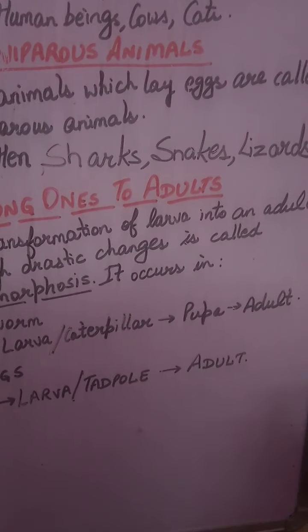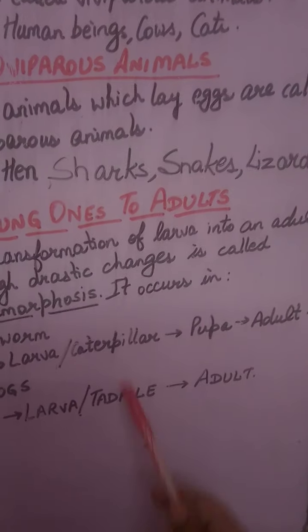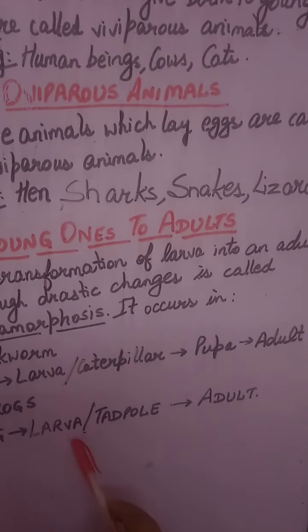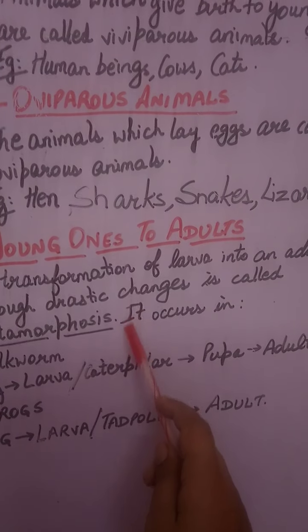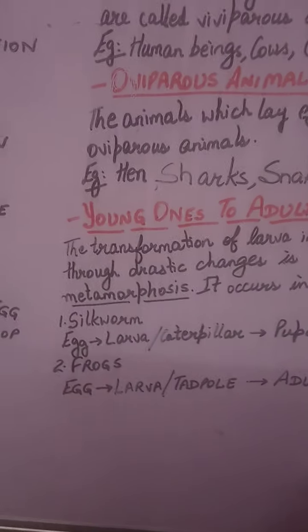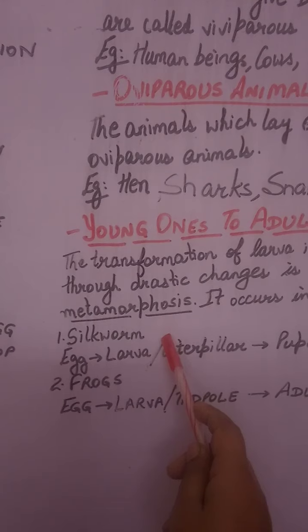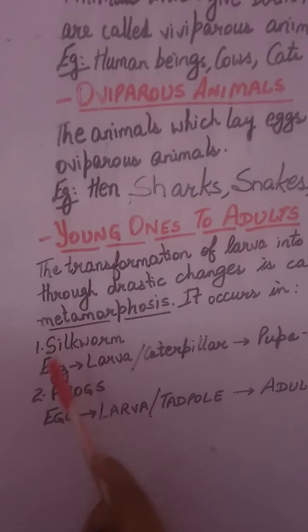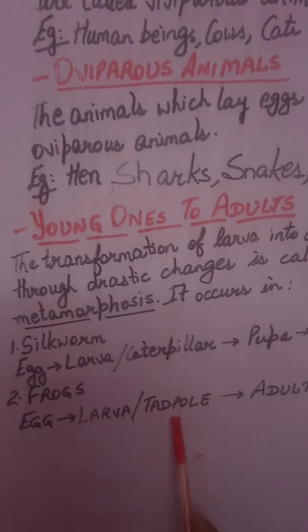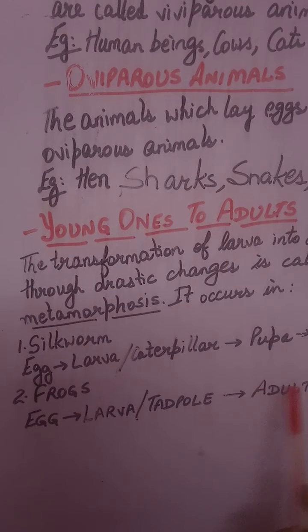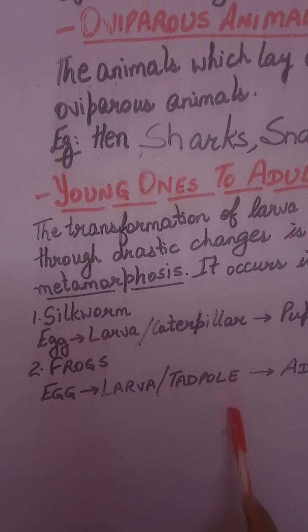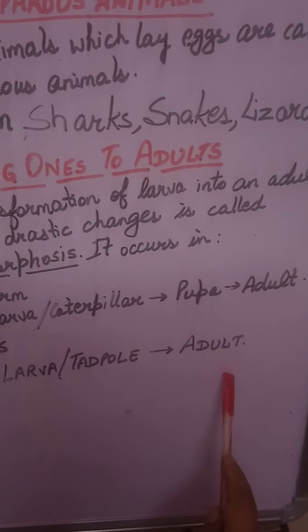Drastic means a very big change will come when the tadpole converts into an adult. So these type of development in which drastic changes are involved, that is termed as metamorphosis. In organisms that undergo metamorphosis, the stages between the egg and the adult do not match the adult. So the tadpole will not appear like an adult frog.